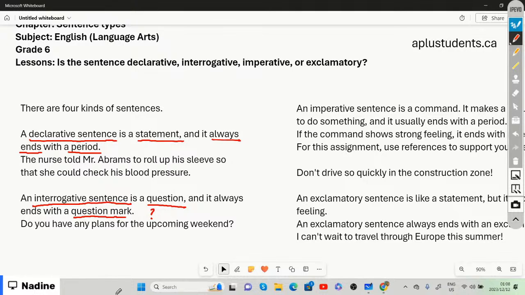But this is a question that is being asked. Whatever your response is, just know that an interrogative sentence is a sentence where you ask a question and it ends with a question mark.